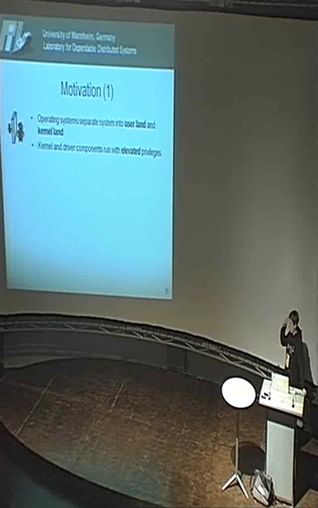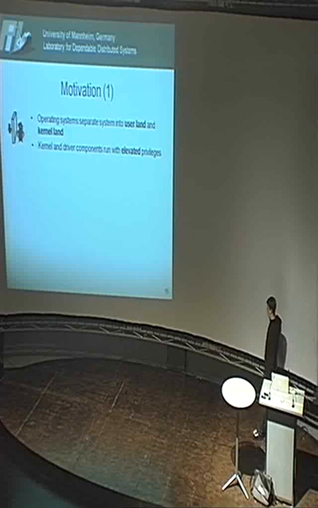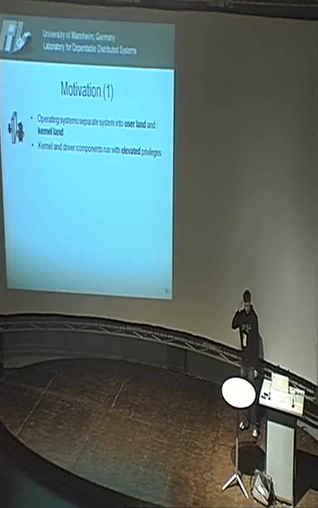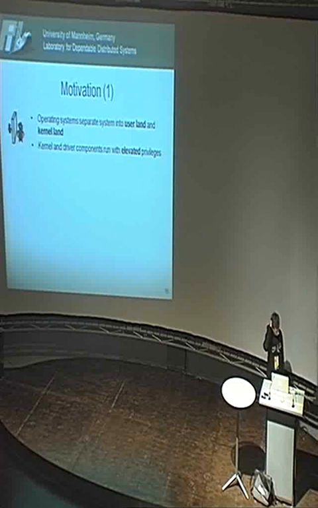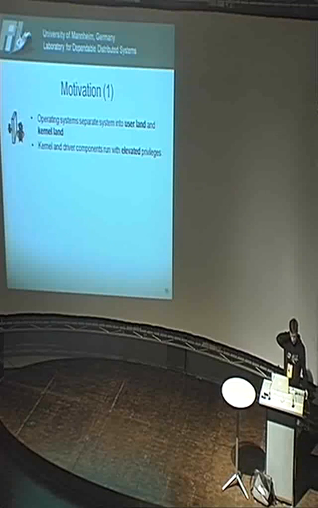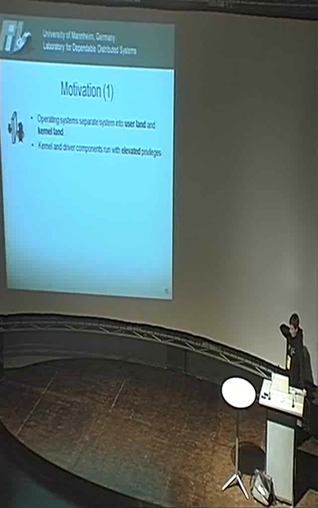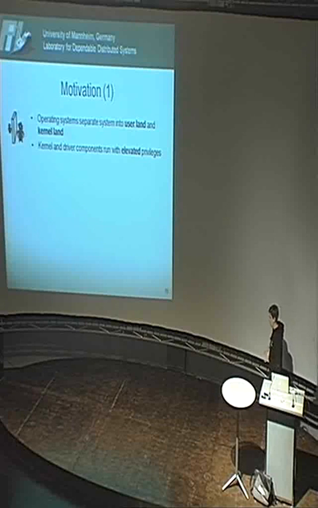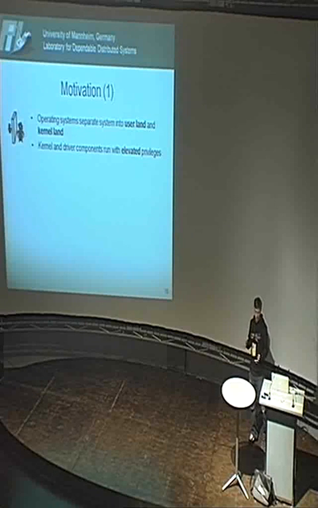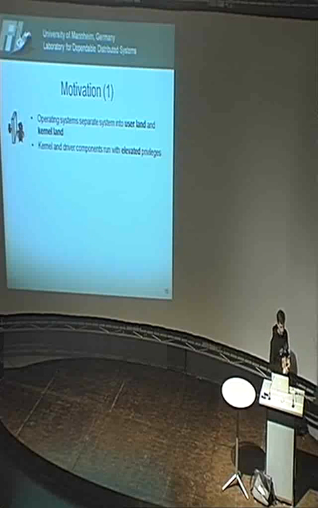So let's shift away from return-oriented programming into operating system security. If you've already worked with operating systems, you might know that they separate your computer into two different parts: user land and kernel land.